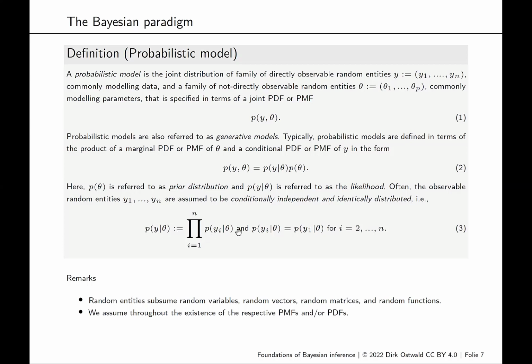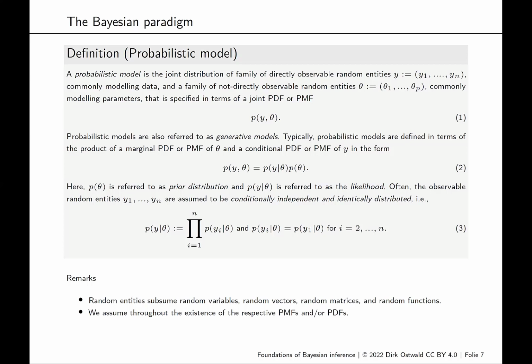What is often the case in basic frequentist statistics is that you assume that individual data points are sampled identically and independently. In the Bayesian setting, you don't have just the marginal probability of the data, but you have the likelihood, which is the conditional distribution of the data given the parameters.